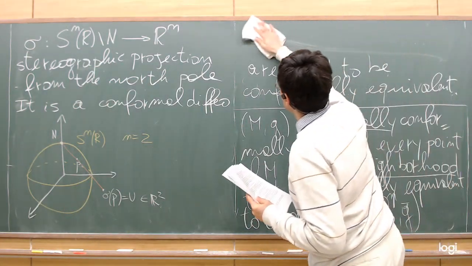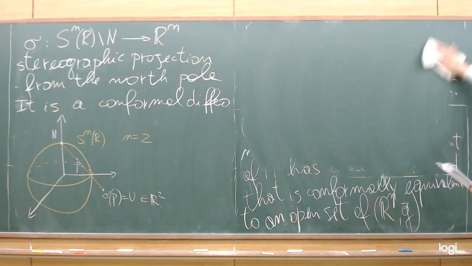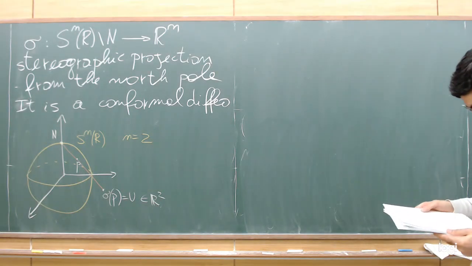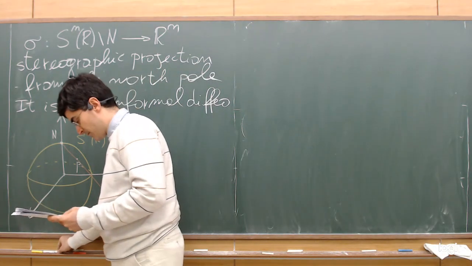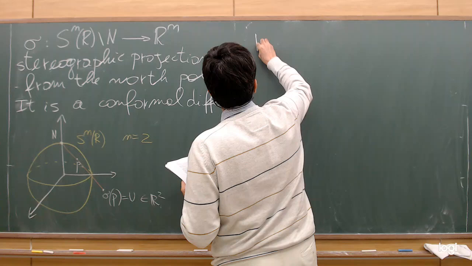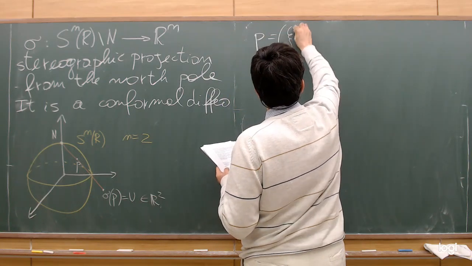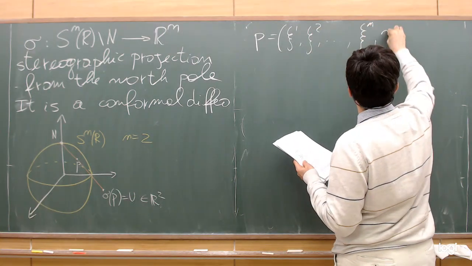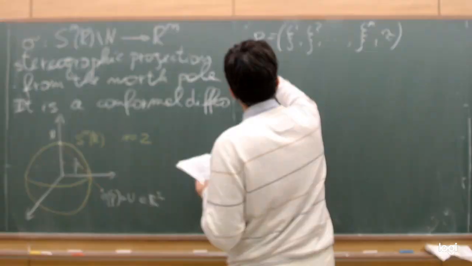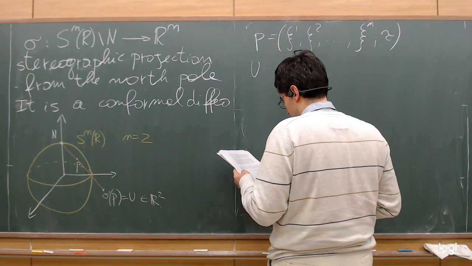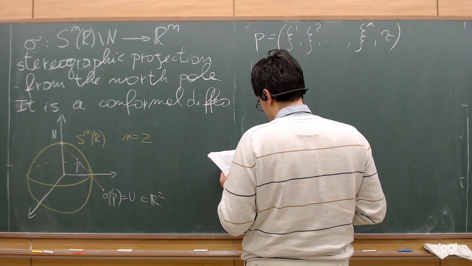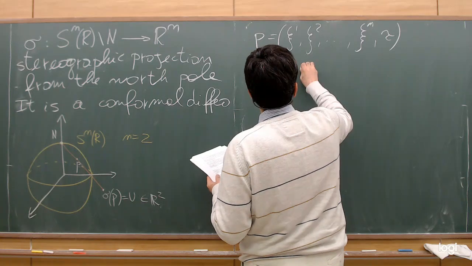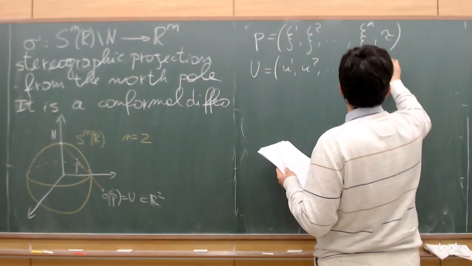Let's introduce some notation. Suppose that P has coordinates (c1, c2, ..., cn, tau), and u equals (u1, u2, ..., un, 0).